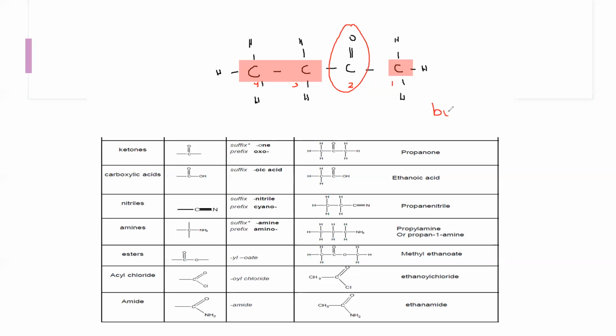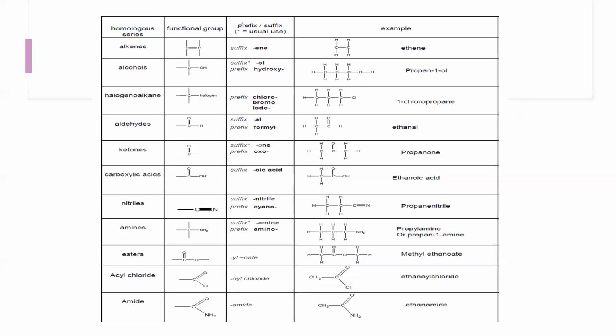Because there are 4 carbon atoms with a single bond between them, and the ketone is on the second carbon, it is butane-2-one. So the 2 represents the position of the C double bonded with O. Then carboxylic: when C double bonded with O and OH is there, that's called carboxylic.